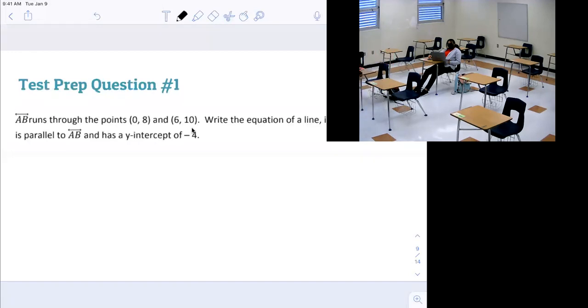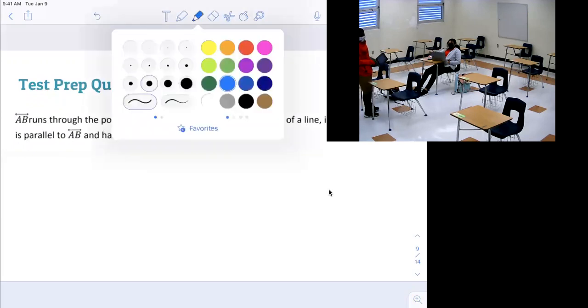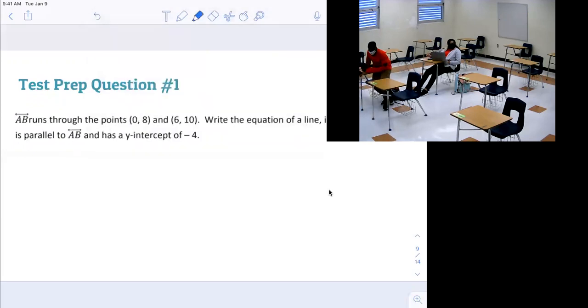Line segment AB runs through the point 0, 8 and 6, 10. Write the equation of a line in the standard form that is parallel to line segment AB and has a y-intercept of -4. Okay. So they're giving us a lot of info here, but the information is a little more challenging than what we got in our easy problems.